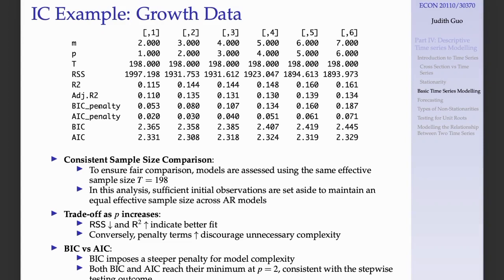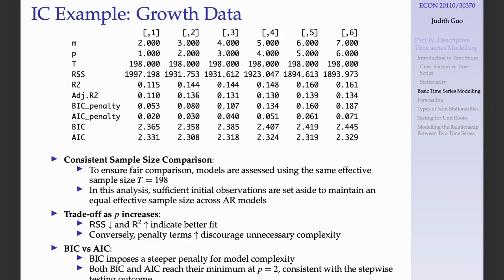Now, we can see that the adjusted R square, remember, adjusts the R square for the number of parameters included. It penalizes the number of parameters. And we can see here the adjusted R square is not uniformly increasing in the number of parameters. When P is 1, it's 0.11.